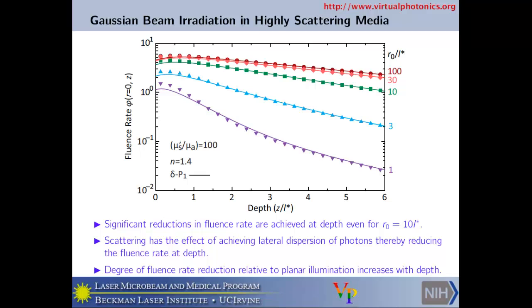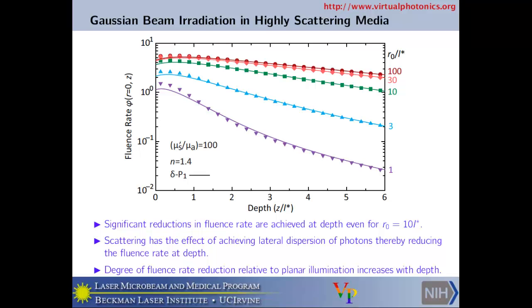And I didn't show the standard diffusion approximation predictions, but the delta P1 predictions do fairly well, except when the beam starts to get small. So when the beam starts to be on the order of 3 transport mean free paths, you start to see some errors at proximal depths, but at larger depths it still does fairly well.